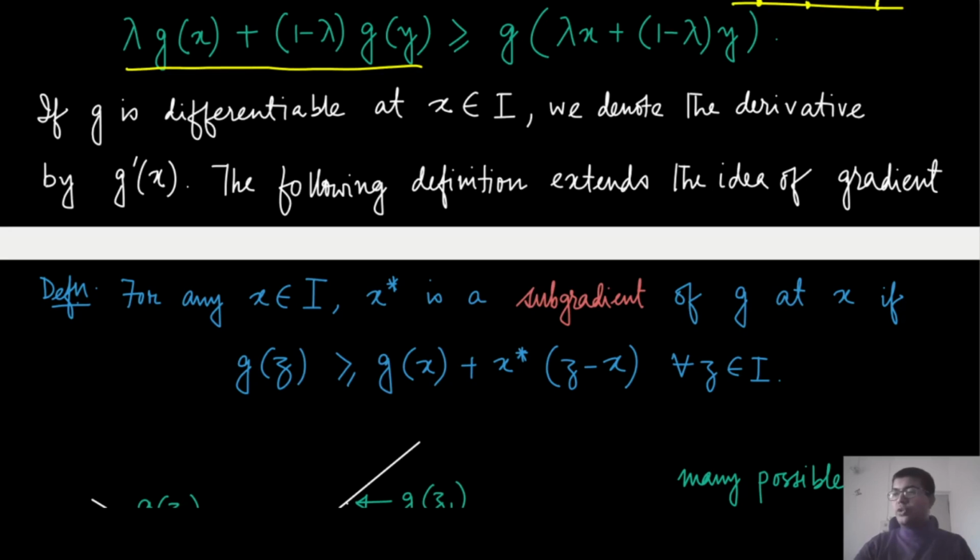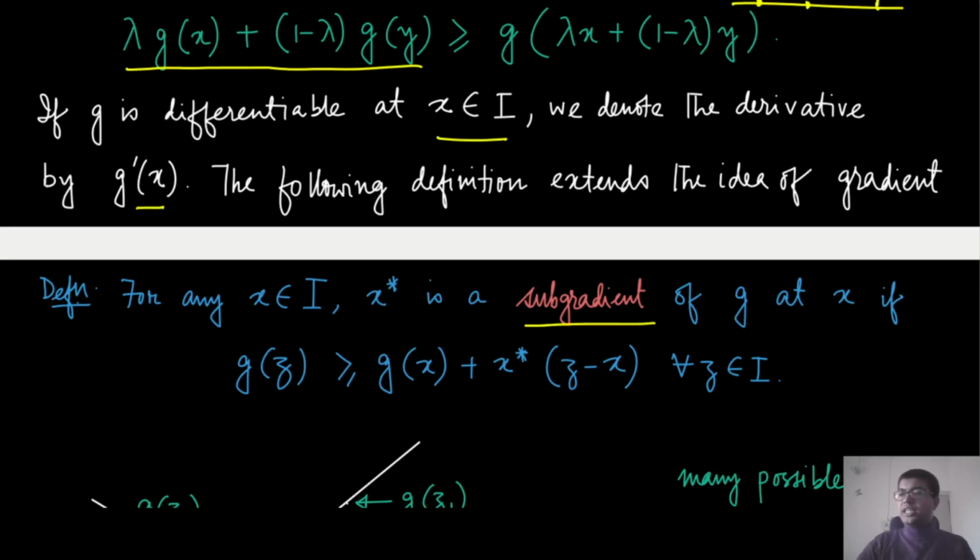Now we are also going to define, using this notation, g prime x. If g is differentiable at this point x, which is in this I, then we will denote this derivative by g prime x. And now we are going to extend this definition of gradient, or the derivative. We are going to call something a subgradient.